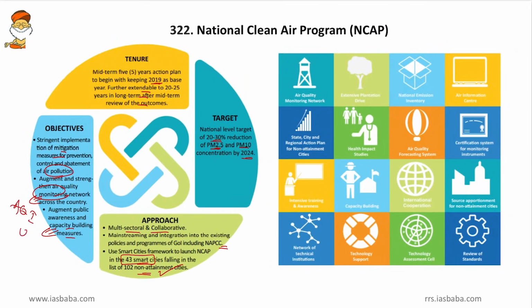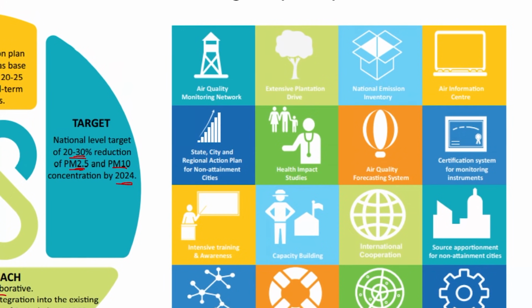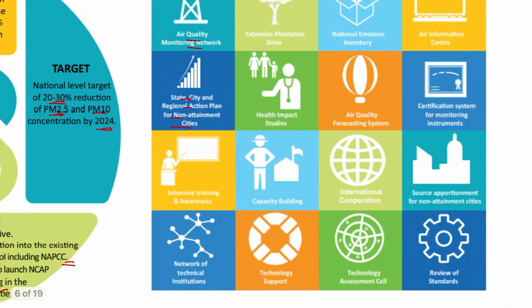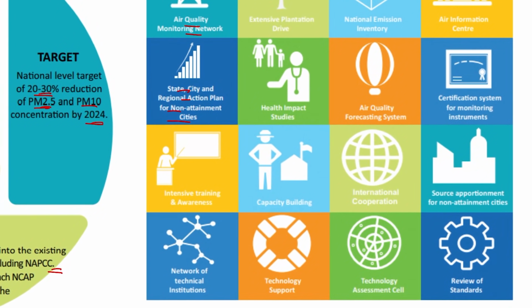Then coming to more about the actions. So here, air quality monitoring network. So the AQI will be monitored by different networks by state, center and local levels. Then state, city and regional action plans for non-attainment cities. Then intensive training and awareness. So the public and the officials will be trained for that, and network of technical institutions.